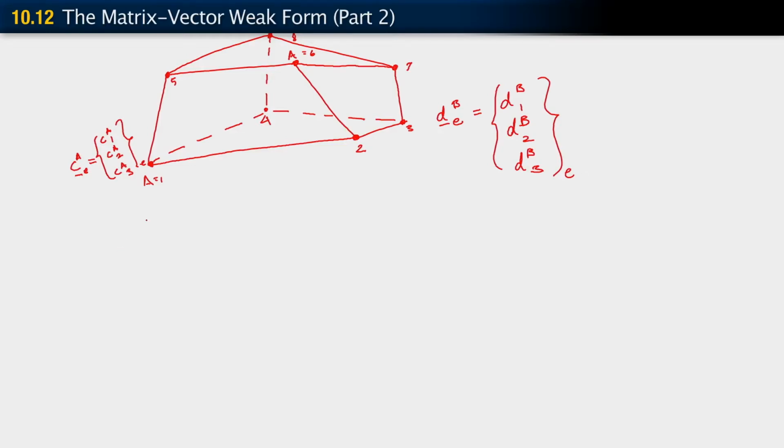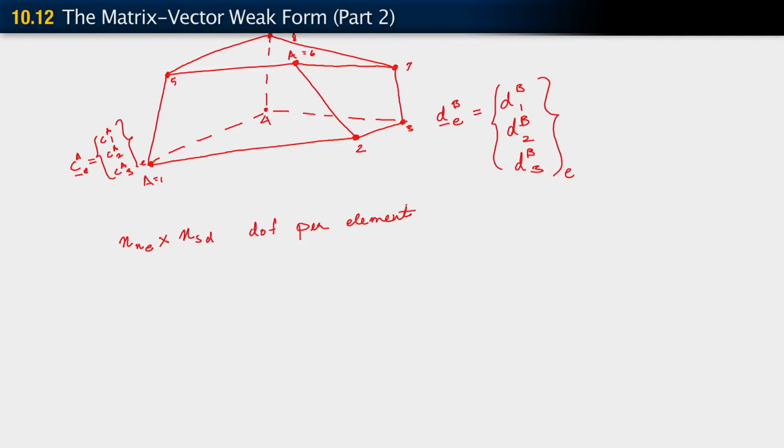We've actually done this calculation: we have NNE times NSD degrees of freedom per element.